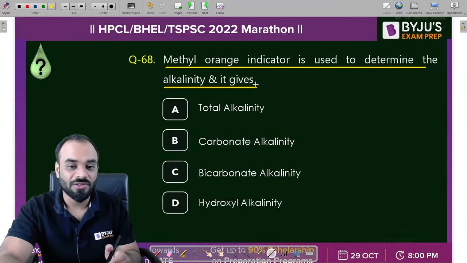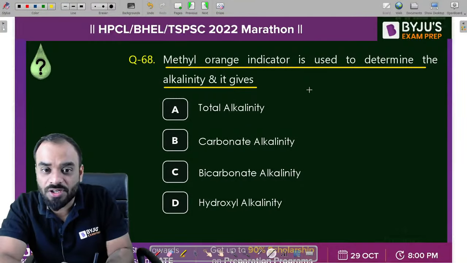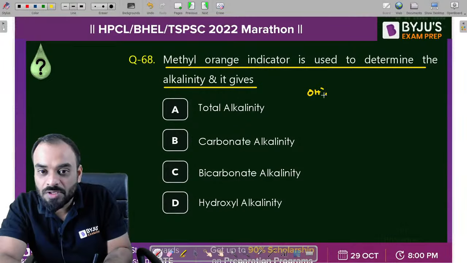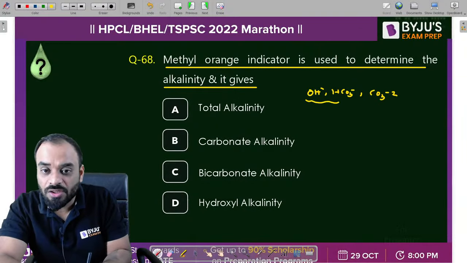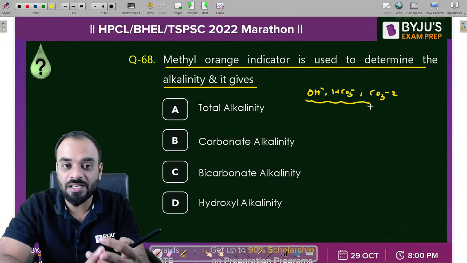Oh, no, guys. You know that basically there are three types of alkalinity present in the water, which are due to OH negative ion concentration, HCO3 negative ion concentration, and CO3 2 negative ion concentration. Now, there are two indicators which we use: one is phenolphthalein and the second is methyl orange.